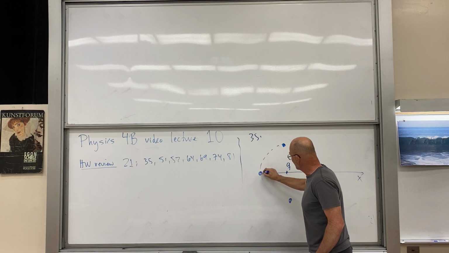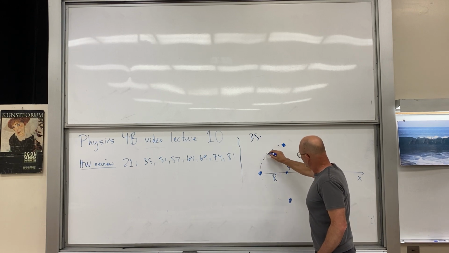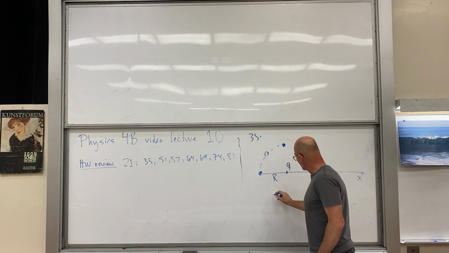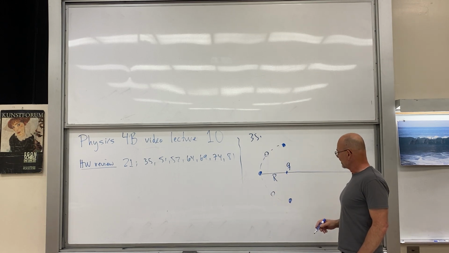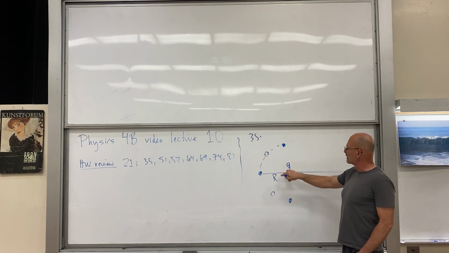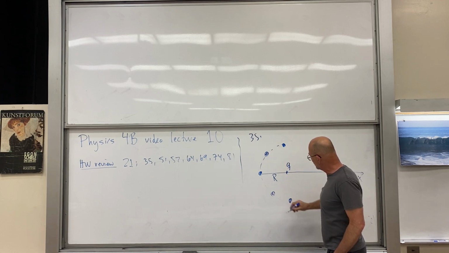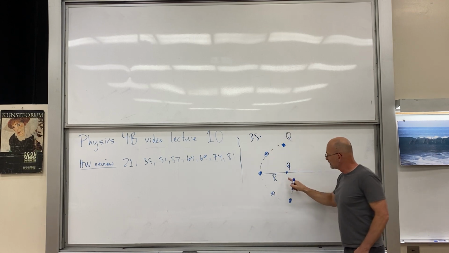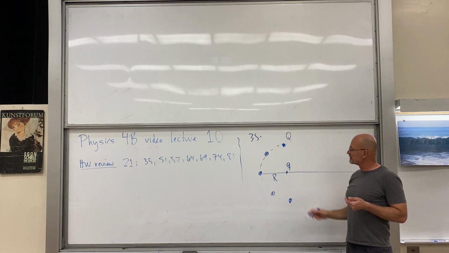Over here, that's a distance r from the origin, and then we have them here and here, apparently at 45 degrees. It doesn't matter if these are like or unlike charges. By the way, all of these here are capital Q, and this one here is lowercase q. So let's just assume they're the same sign of charge.